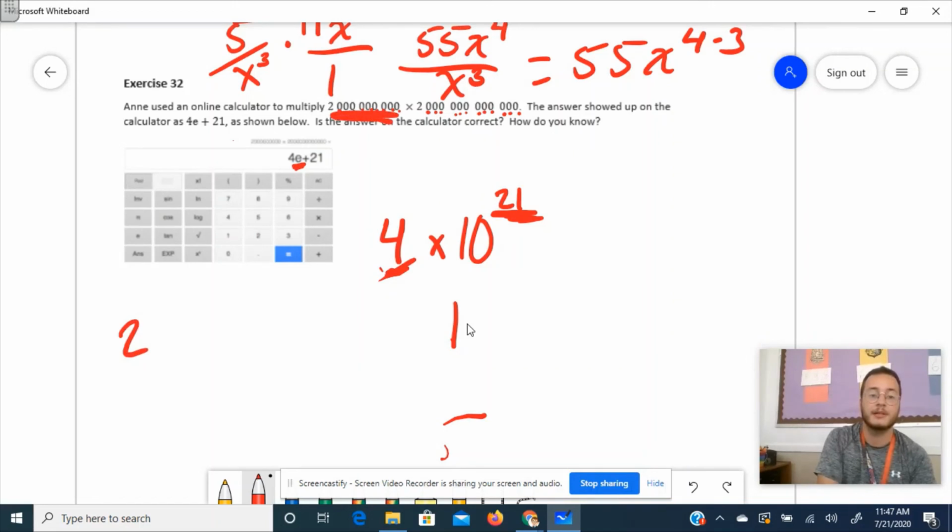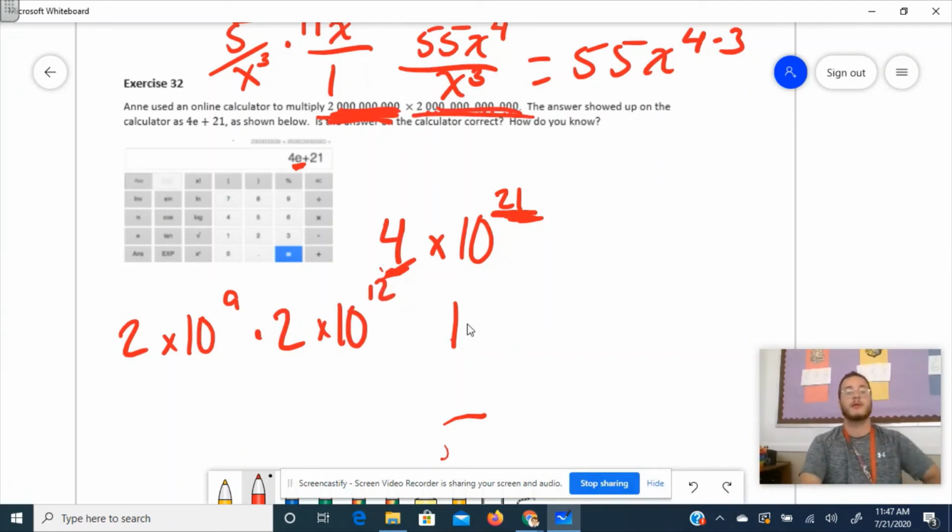Let's look at this. 2 times 10 to the 9th power, because I have 9 zeros, times 2 would give me this 2 billion. And then over here I have 2 times 10 to the 12th power, because I have 12 zeros. Would that give me 4 times 10 to the 21st?